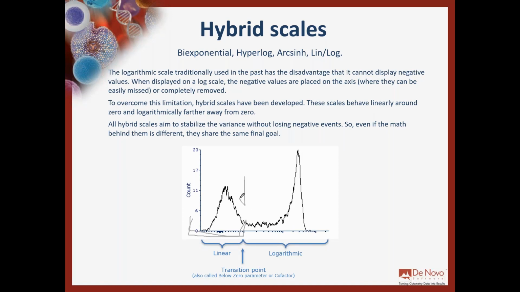The point in which the scale moves from linear to something else is called the transition point for hyperlog and lin-log. It's called the below-zero parameter for biexponential. It's called the cofactor for arcsinh. And again, it's not really a matter of which one you use. Of course, if you try all of them, you will find some differences.